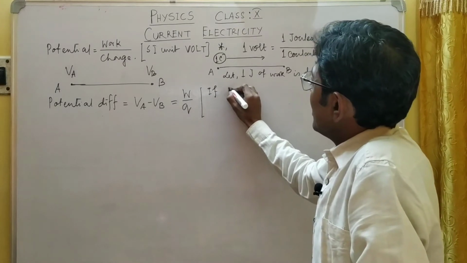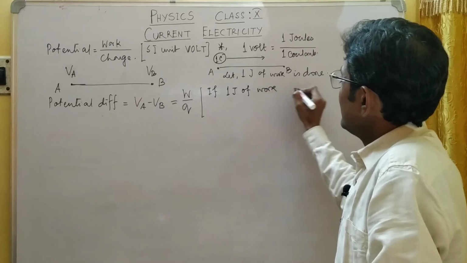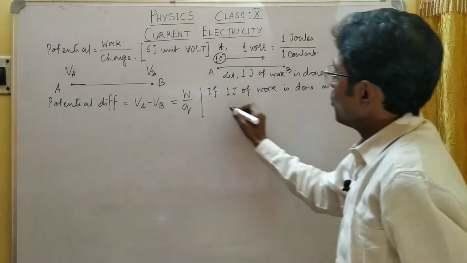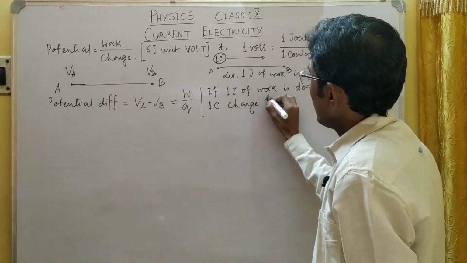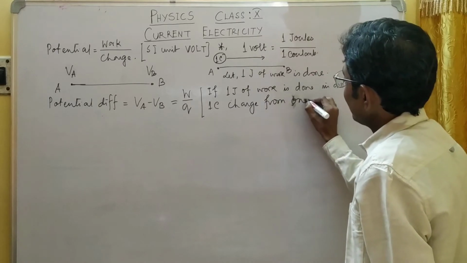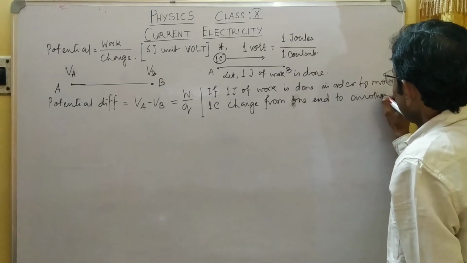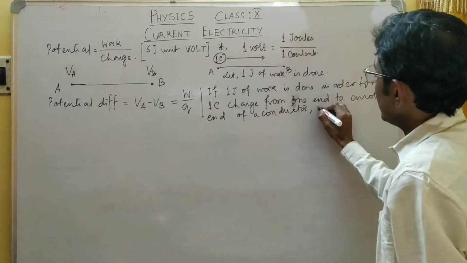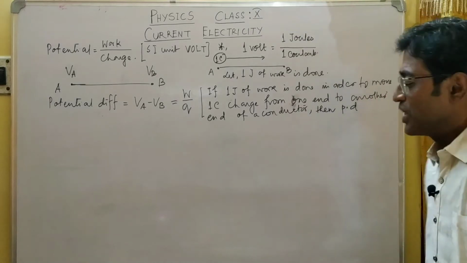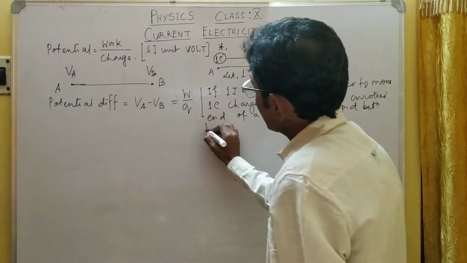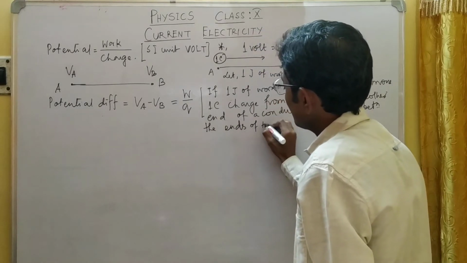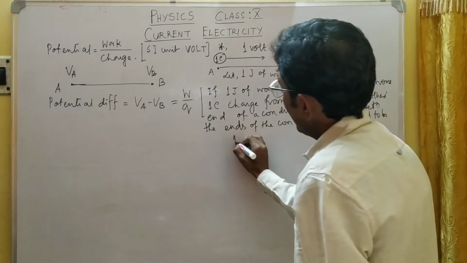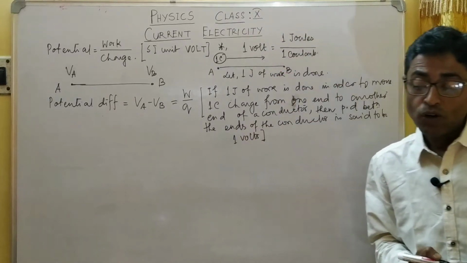If 1 joule of work is done in order to move 1 coulomb charge from one end to another end of a conductor, then the potential difference, PD, between the ends of the conductor is said to be 1 volt. Remember, this is the definition of 1 volt.